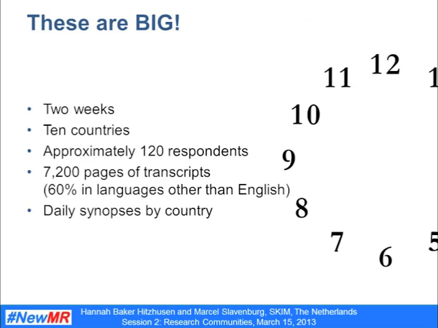These challenges were not only big, they were humongous. We're talking about a 2-week time span, which included 10 countries across the globe, some of the countries that Tom spoke about earlier in his presentation. It ranged from Canada to Russia, from Australia to Colombia, and of course, Europe and the US could not be missed.